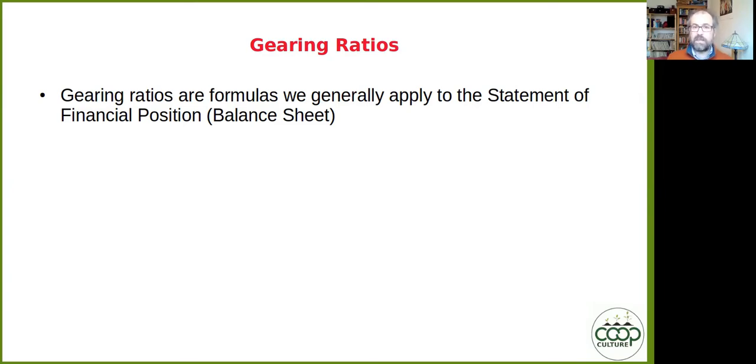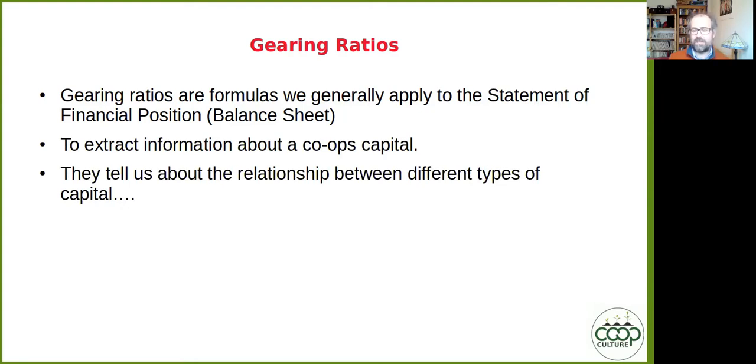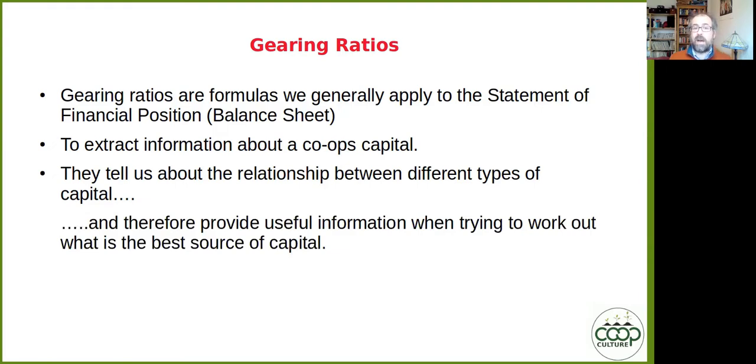But in general, the information that we put into the formulas that make up our gearing ratios, we extract from the balance sheet or the statement of financial position. We use that to extract more information about a co-op's capital and specifically the relationship between the different types of capital that a co-op has, and therefore what capital it might be best for it to try and raise.